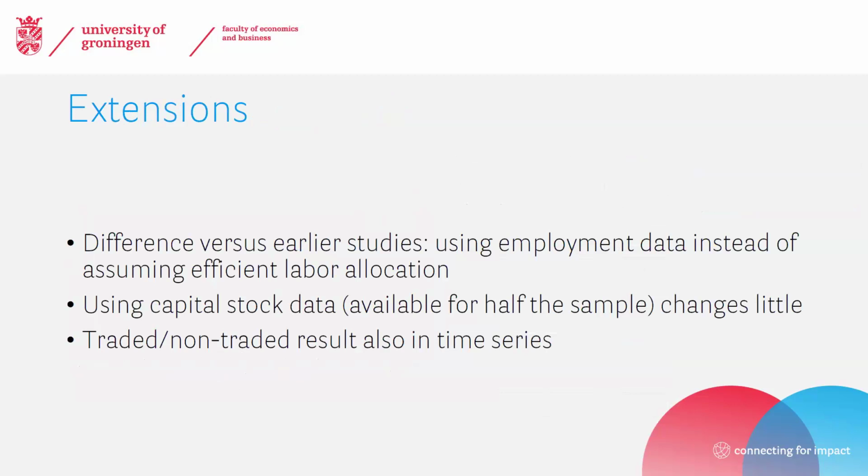So the nice thing of doing improved measurement is that you can then make these data worse and see where the changes happen. And that mostly happens when you start to assume efficient labor allocation again. So that was certainly a key improvement over existing practice.